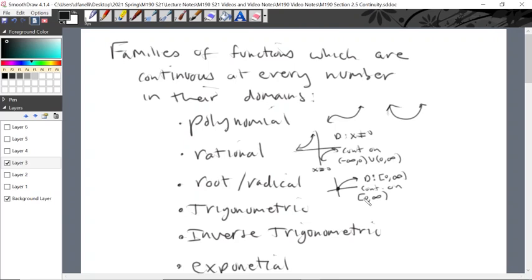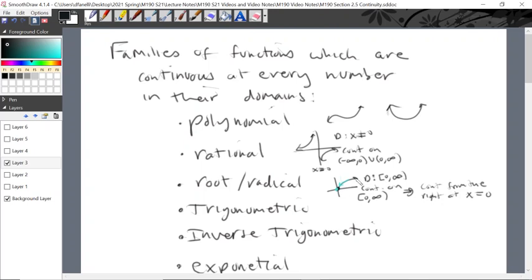And we are implying, because there is a closed interval here, notice from the geometry of the graph, that it is only continuous from the right at x is equal to 0, because that is an endpoint of the domain.